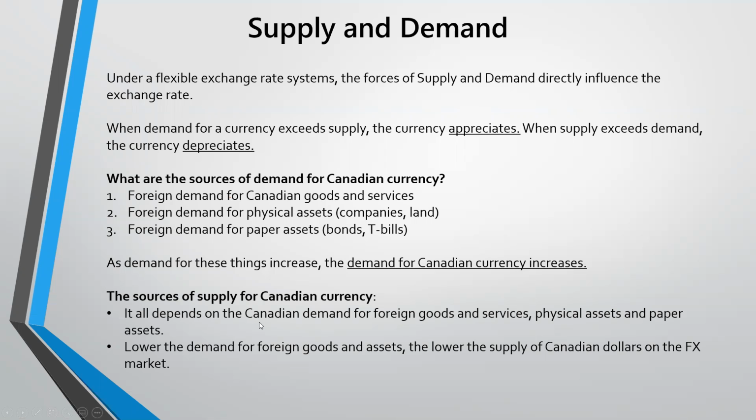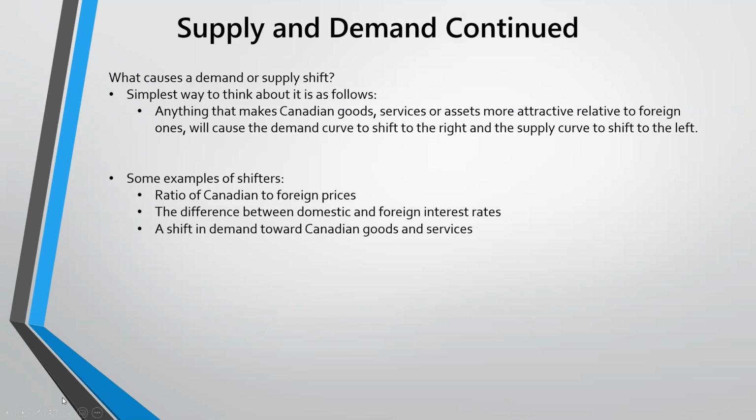For sources of supply for Canadian currency, this is going to be the Canadian demand for foreign goods and services, physical assets, and paper assets. So the lower the demand for foreign goods and assets, the lower the supply of Canadian dollars on the FX market.